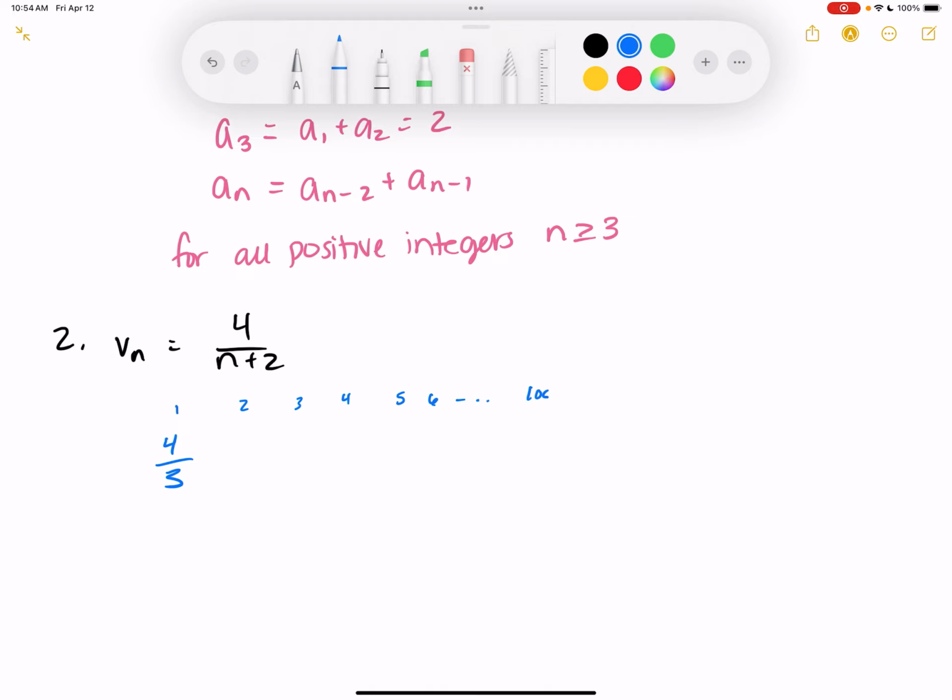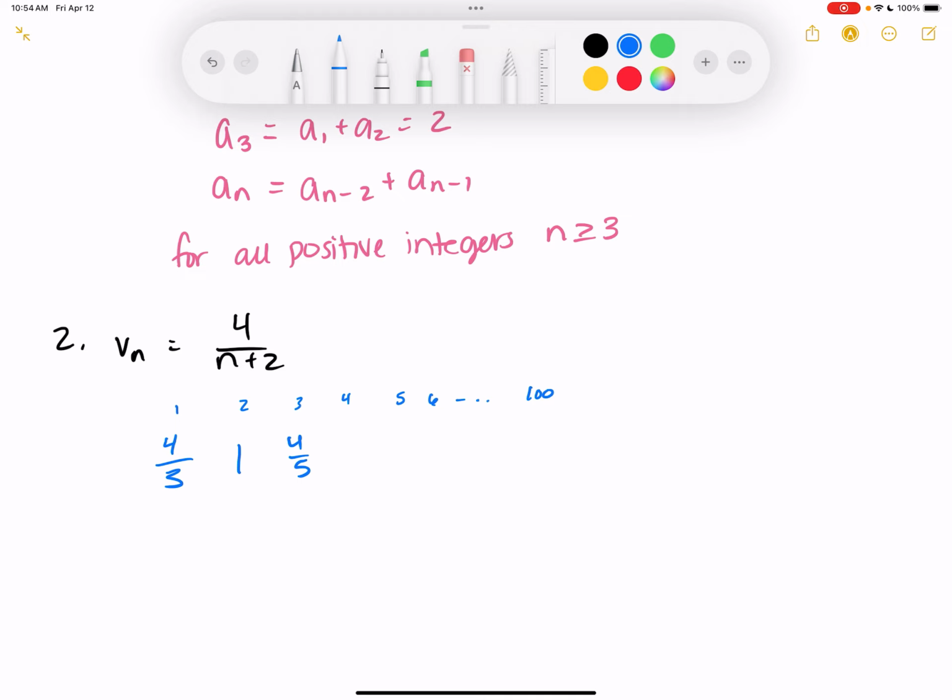All right, second term, so if I plug in 2, what do I get? 1. If I plug in 3, what do I get? 4 fifths.